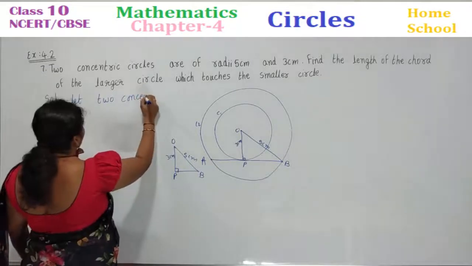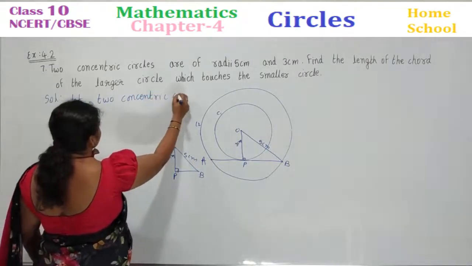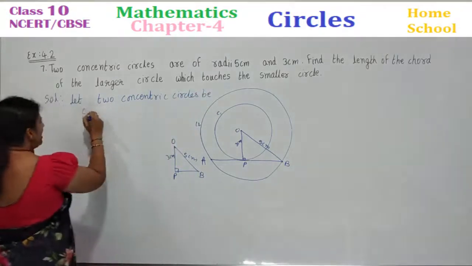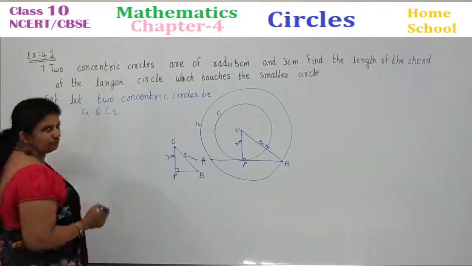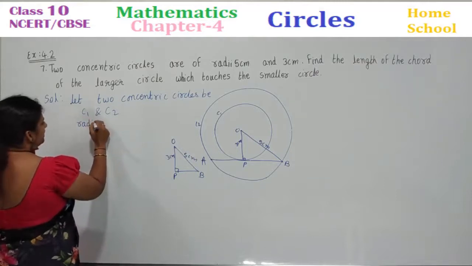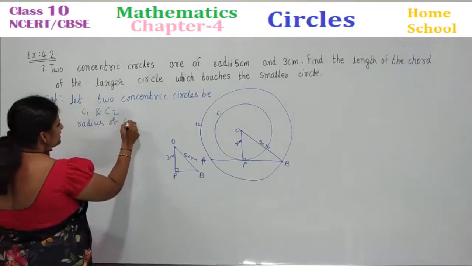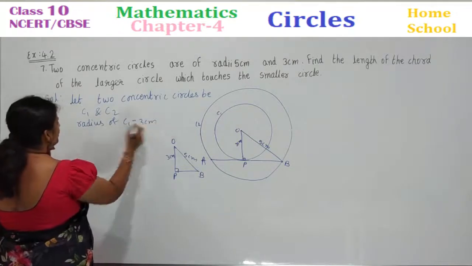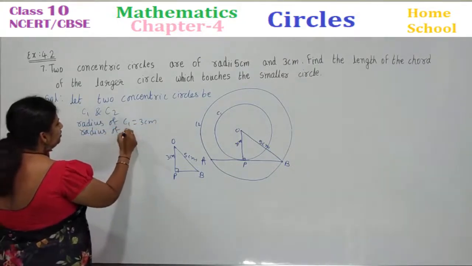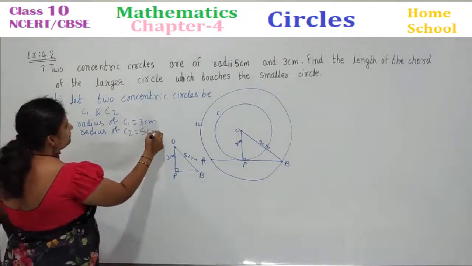Let 2 concentric circles be C1 and C2 having radius of C1 equal to 3 centimeters and radius of C2 equal to 5 centimeters.